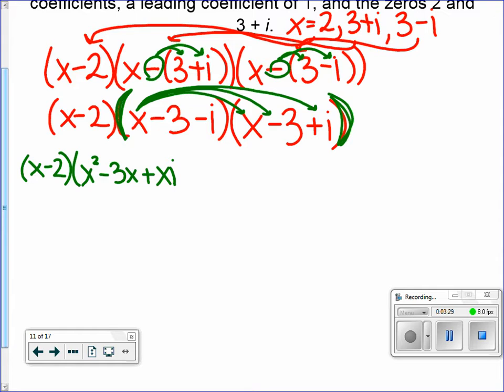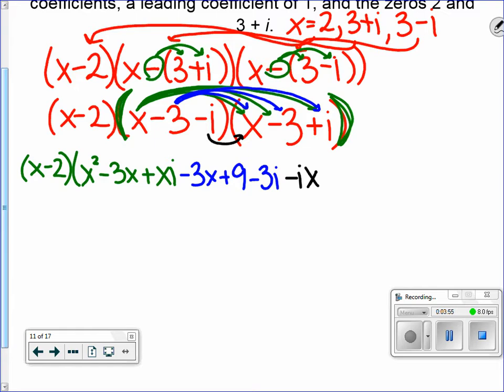Okay, I'm going to continue on. I'm just going to use a different color. I'm hoping this will be a little helpful for you. So negative 3 times x is negative 3x. Negative 3 times negative 3 is positive 9, negative times a negative. And negative 3 times i is negative 3i. And then we've got negative i times x is negative ix.